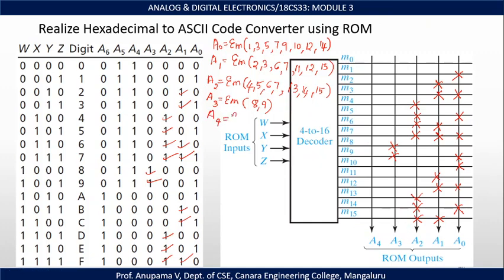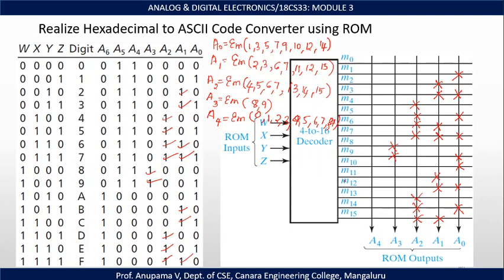A4 is equal to summation M of 0, 1, 2, 3, 4, 5, 6, 7, 8 and 9.